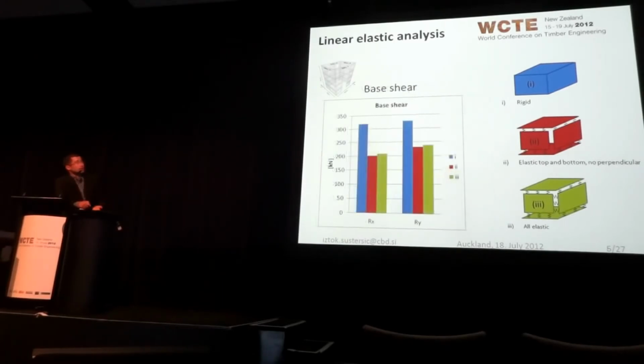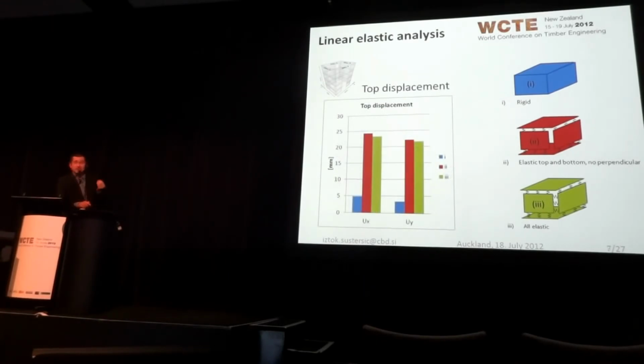What does that mean for base shear? Well, even though this one is modeled, I can easily say wrong, it actually results in forces on the conservative side. It results in about 50% higher base shear. That only happens because most of the vibration periods of the stiff structure end up in the plateau of the acceleration spectra. However, for displacements, because of that very stiff structure, we end up with very low displacements.